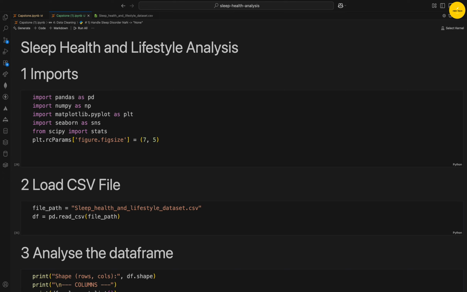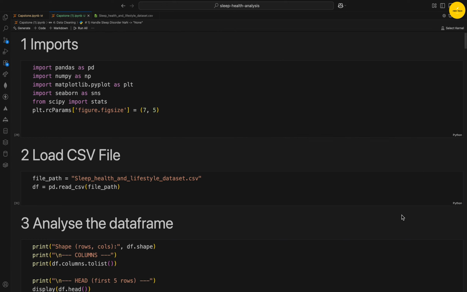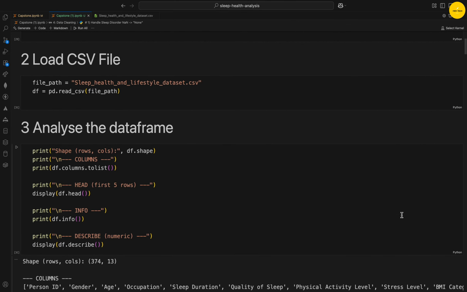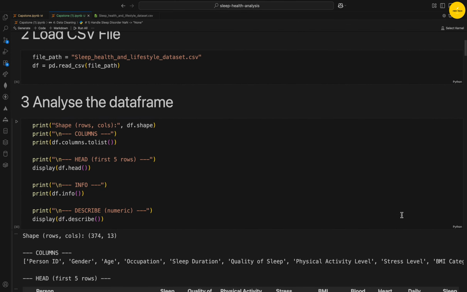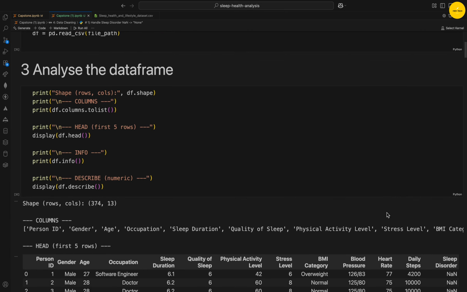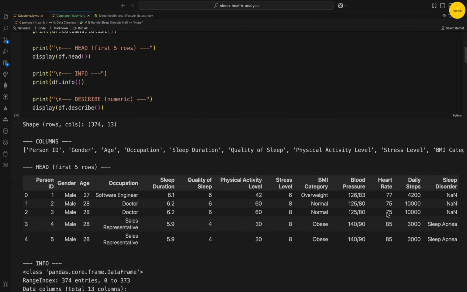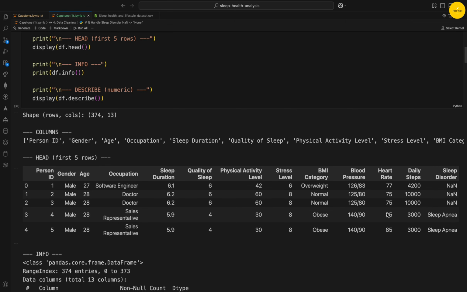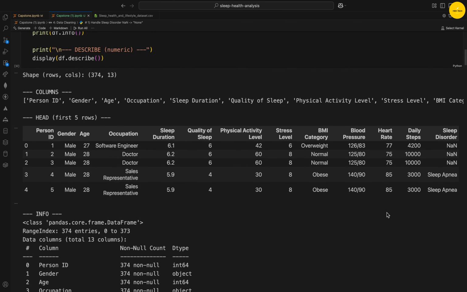The first step in any data project is preparing the data. I started by performing a series of checks on the raw data. I ran the head, info and the describe functions on my data. As you can see from the output, I was able to find the exact number of rows and columns and check all the column names and get a quick preview of the data.